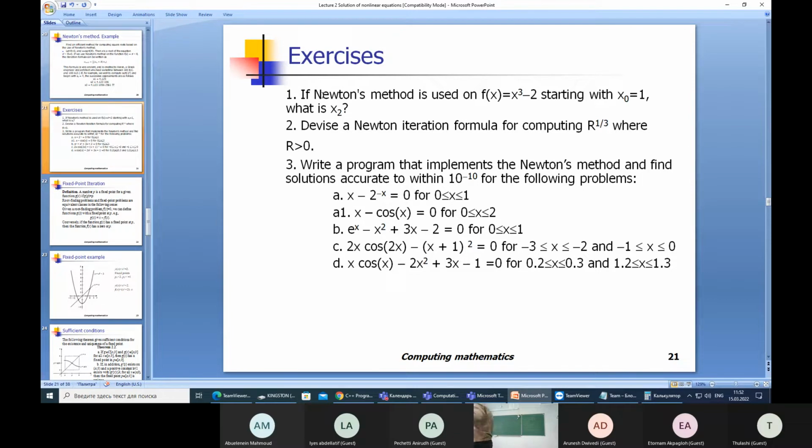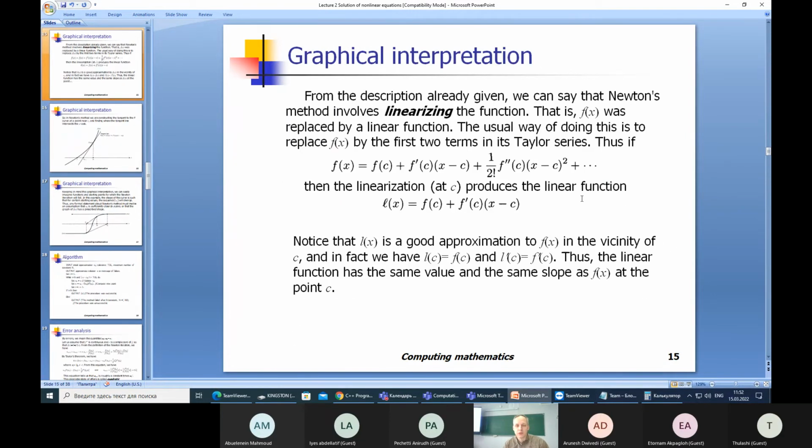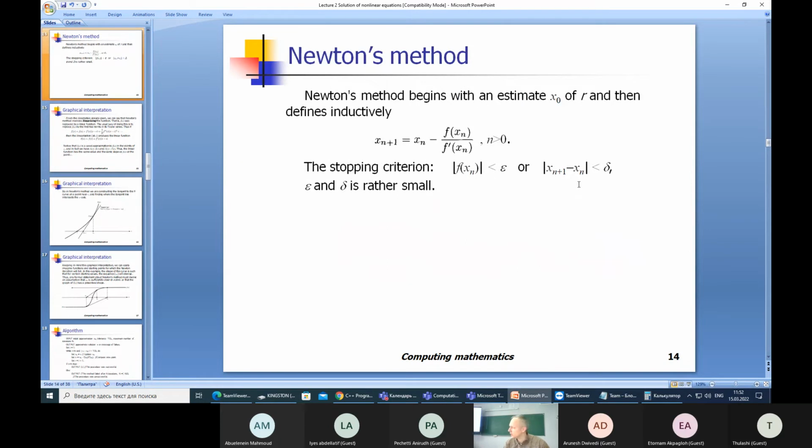This process can be implemented on computers. And now we have some time, and I want to discuss with you the theoretical properties of this method.